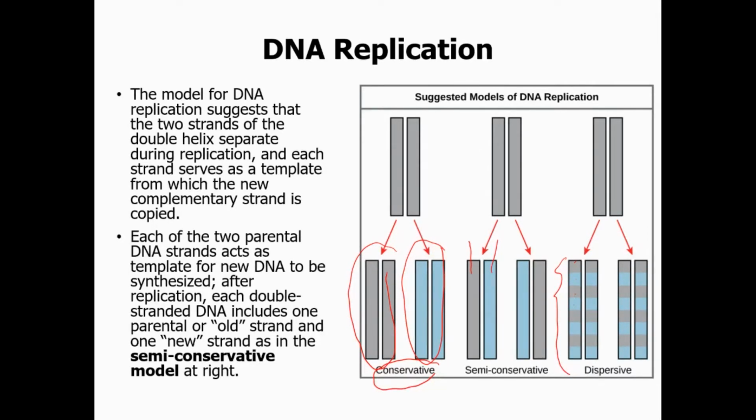So the new DNA segments are dispersed within the new DNA molecule. So it turned out, by a lot of experiments, we found out that the semi-conservative is the correct way for DNA to replicate itself.